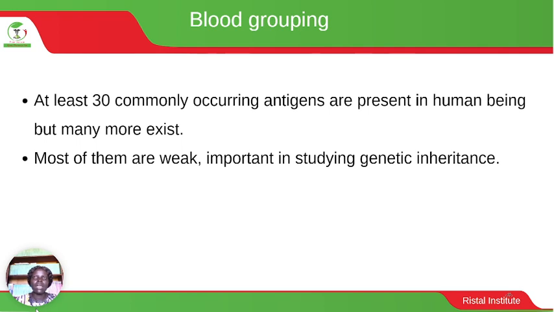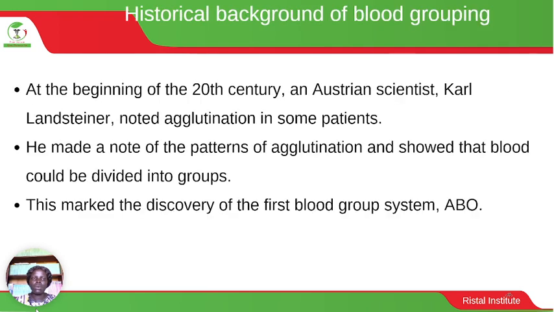The ones that are well known to us are around 30. Most of them are weak, important in studying genetic inheritance, so they do not cause much harm. That's why they are termed weak.